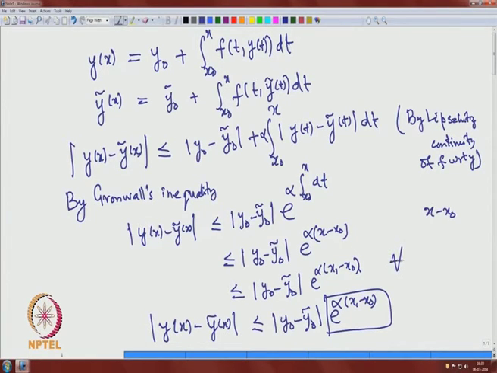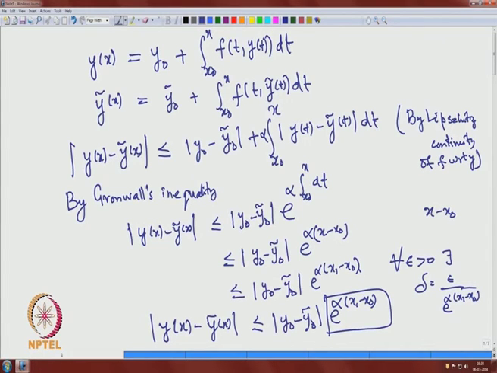So, for every epsilon greater than 0, there exists a delta. The delta is given by epsilon divided by e to the power alpha times x1 minus x0. If I choose this delta, then it follows that y is continuous with respect to y0. So, now it is obvious that the solution is also continuous with the initial data.